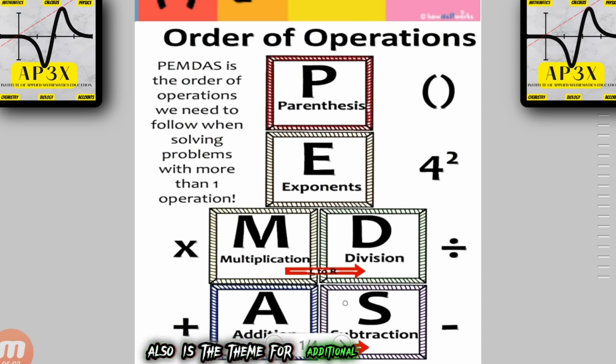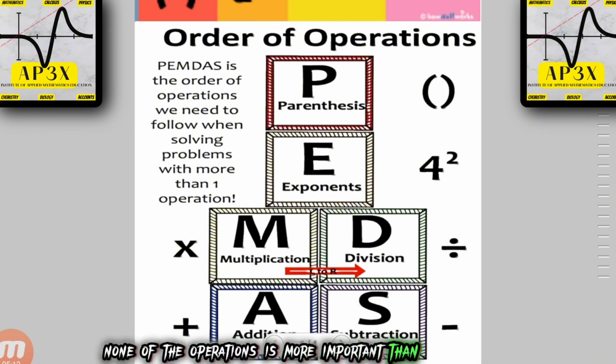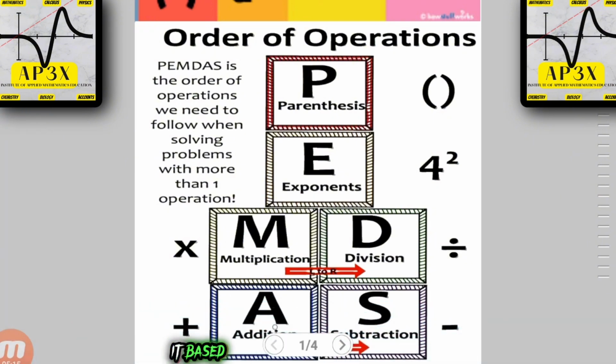Also, it's the same for addition and subtraction. They are also tied for precedence, so therefore none takes priority over the other. None of the operations is more important than the other, so therefore it is based on which one is on the left followed by which one is on the right.